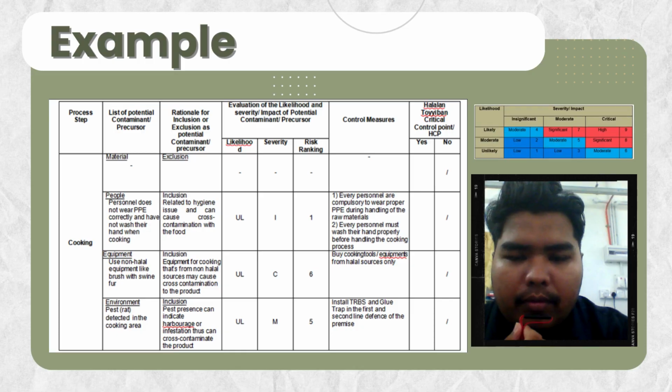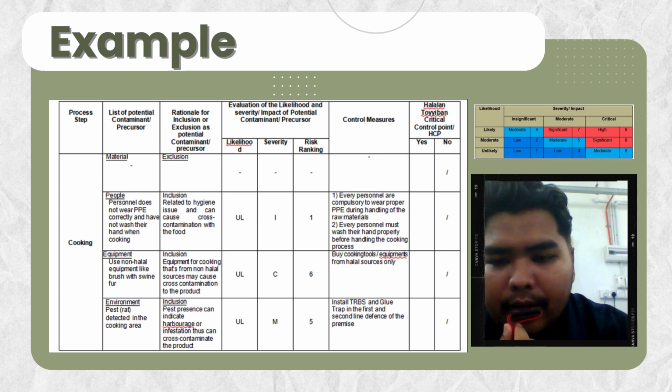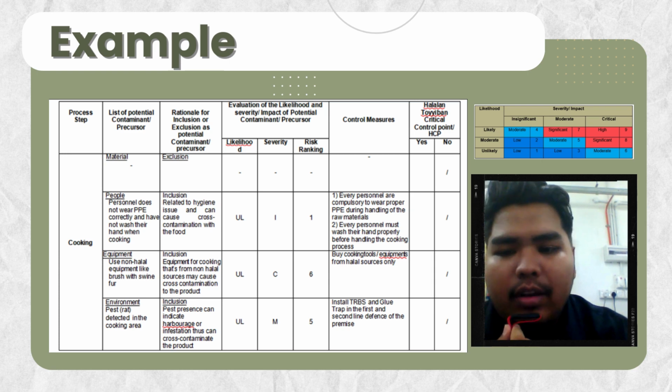Okay, for the example, I choose the cooking process. You can see here we have this table. In the list of potential contaminants, I have four types of threat: material, people, equipment, and environment. For example, look at the people. The risk potential is personnel do not wear PPE correctly and have not washed their hands when cooking.